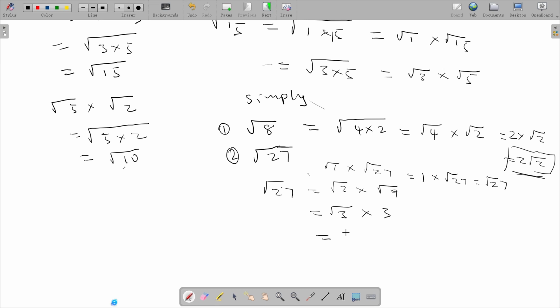When we multiply a whole number and a surd, we bring the whole number before the surd. So we have 3 root 3. And this is the answer. So 3 root 3 is the simplified version of root 27.